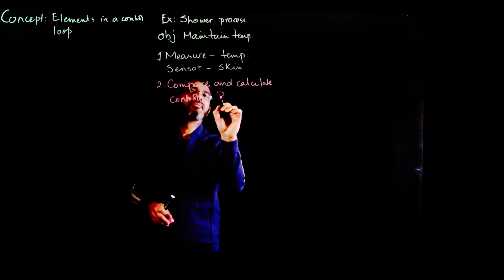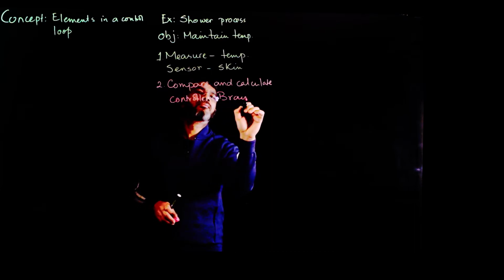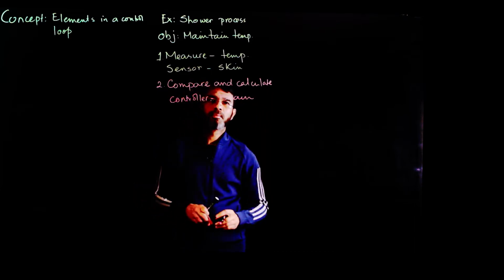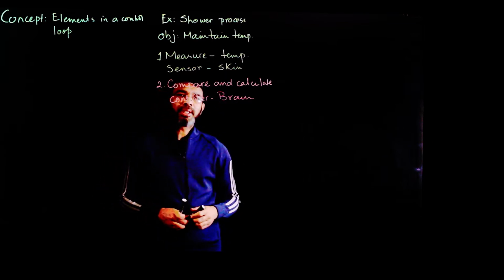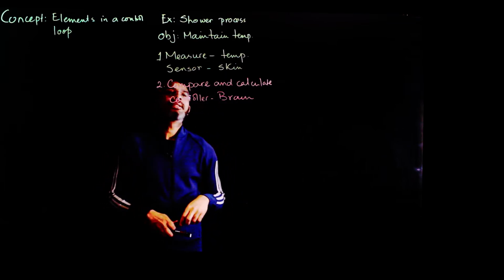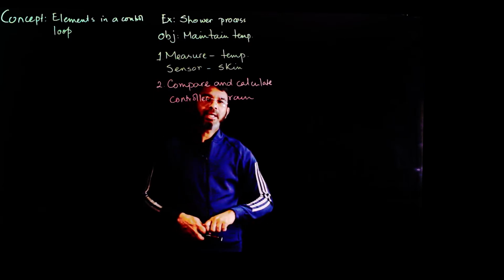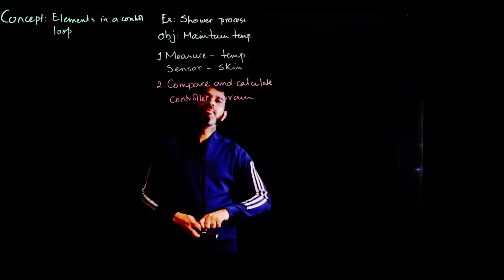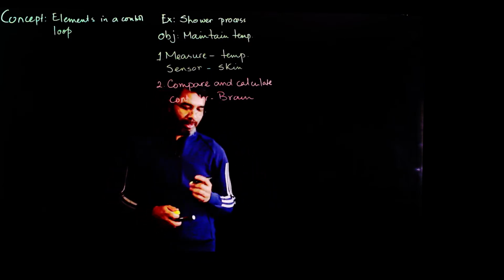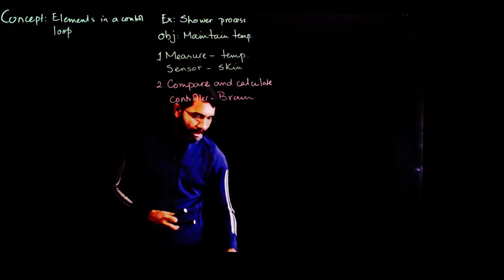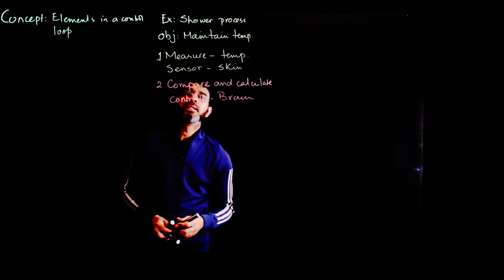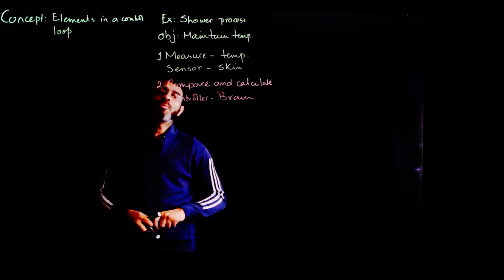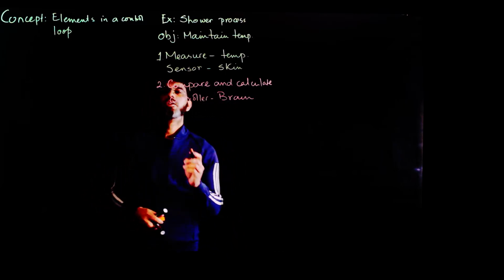It's our brain. When you measure the temperature, it sends the information back to our brain. The brain decides whether you need to do something, whether you need to change the flow rate.